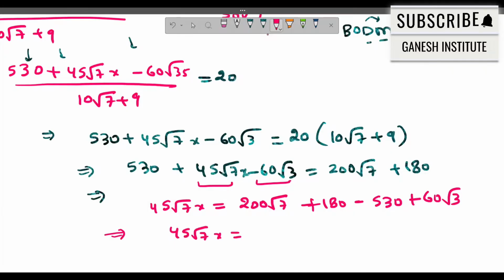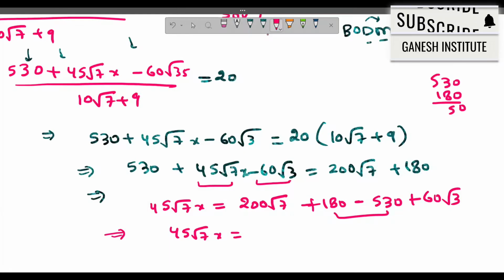Now what will I do? You would do like terms together, yeah? Yeah, so that would be minus 530 and 180.